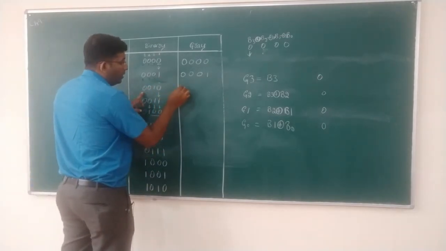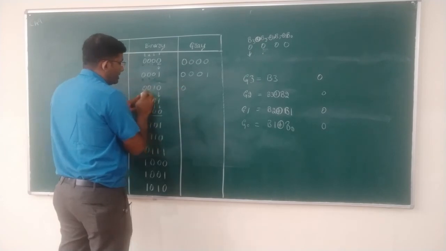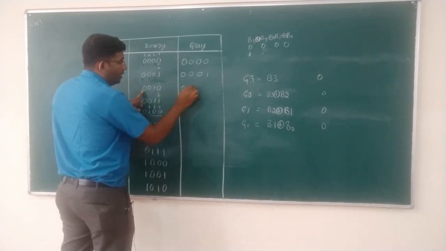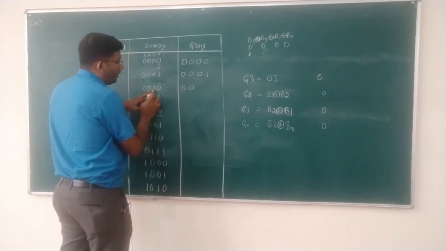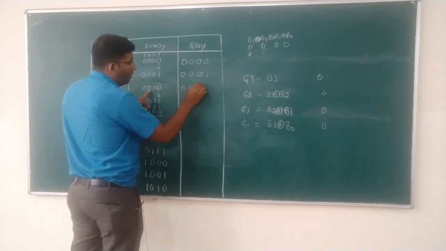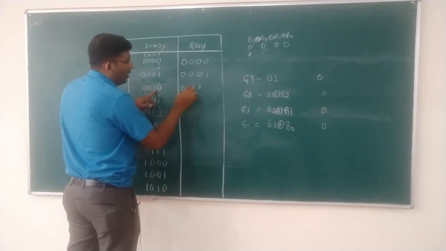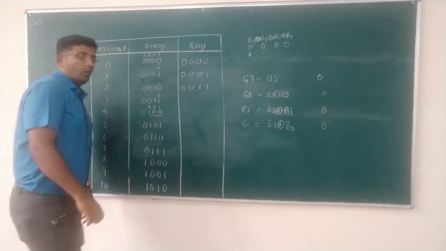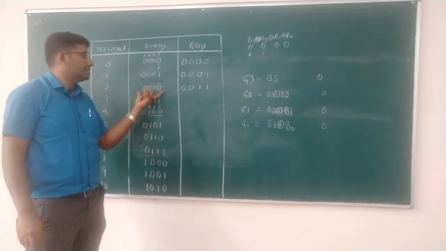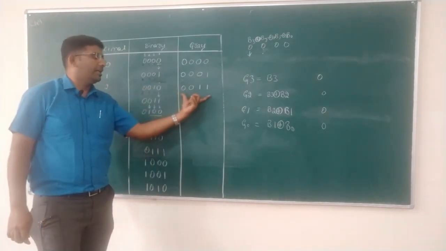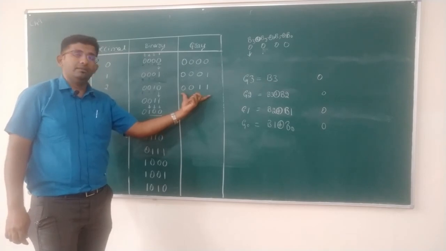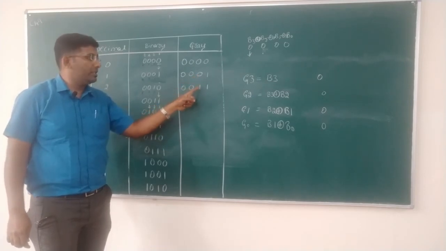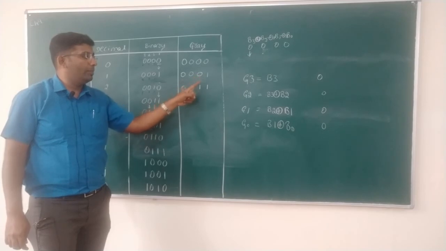Here, G3 is equal to B3, the same as it is. 0 plus 0, 0, 0 plus 1. If an odd number of 1s is there, I have to put it as 1. 1 plus 0, once again I am going to write 1 itself. Here it is 0 0 1 0, here 0 0 1 1. Only this 0 is changing to 1, only one bit is changing. From here to here we are changing only one bit.